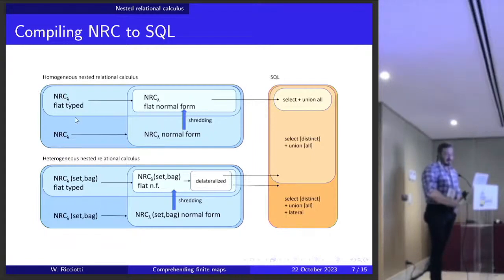If their type is a flat relation, we want to manipulate them through a rewrite system and finally obtain a normal form, which we believe will be immediately translatable to SQL through select and union all.